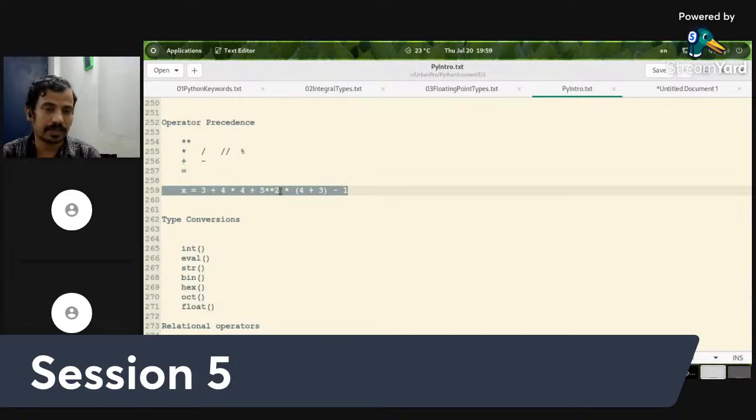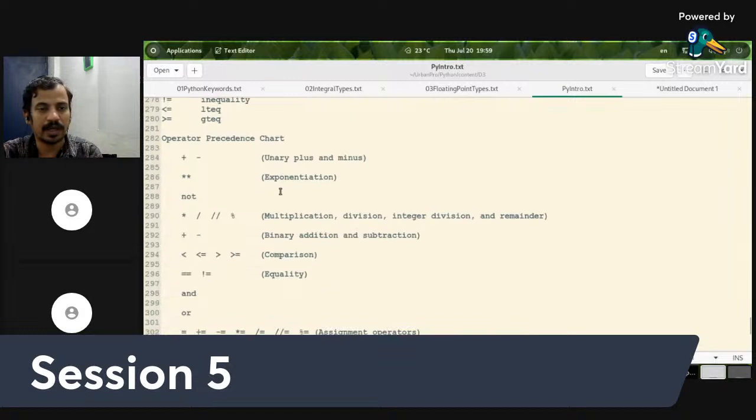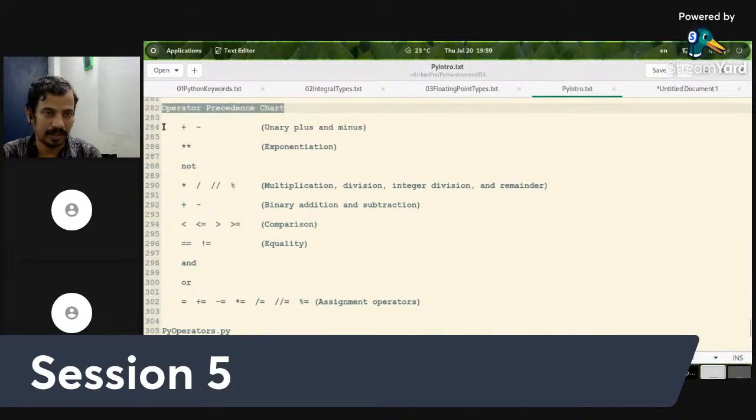Now comes the question as to the order in which we have to evaluate these expressions. Like the BODMAS rule in your maths, brackets first, division next, multiplication, followed by addition and subtraction, we have something similar called operator precedence. I am sharing this file.